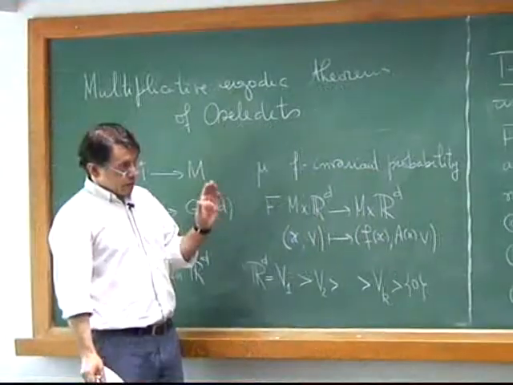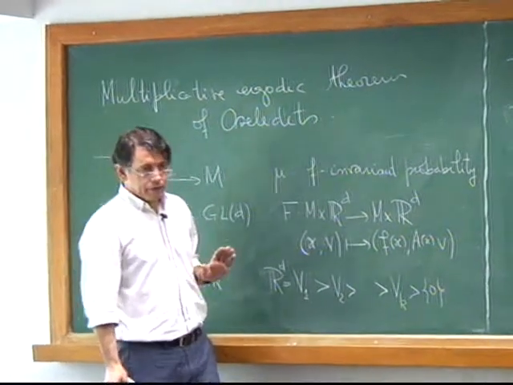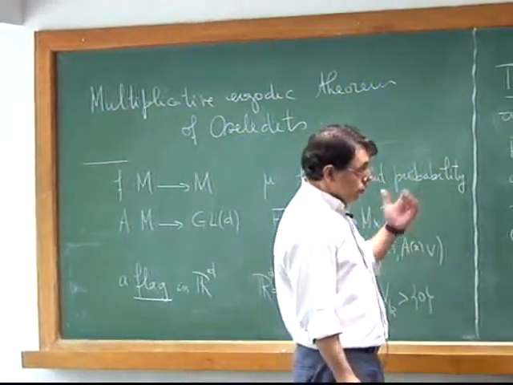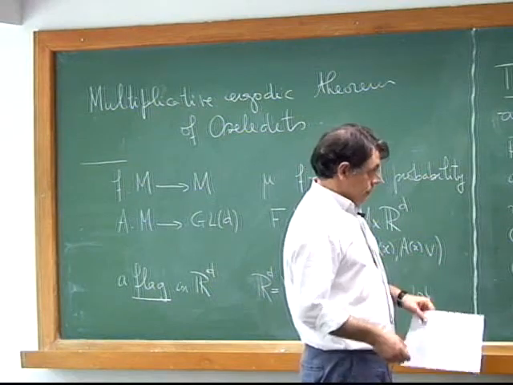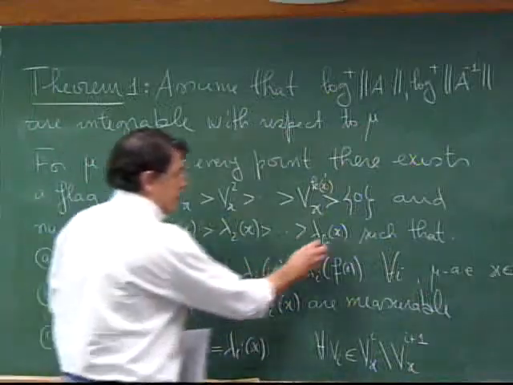So the possibilities for k are finite. It can be 1, 2, all the way up to d. But in principle, this can depend on x.